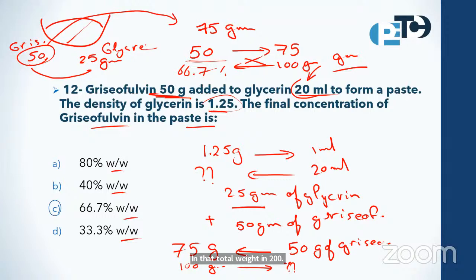Okay. If suppose that the question asking about the griseofulvine 50 grams present in a paste of 75 grams. The same steps. Okay. Here, he excluded the step of converting glycerin into grams. Right? So directly use the last step.